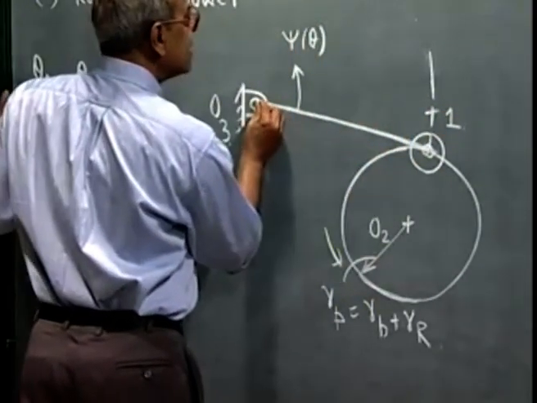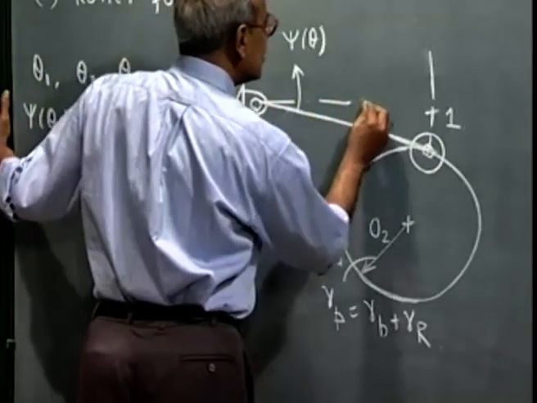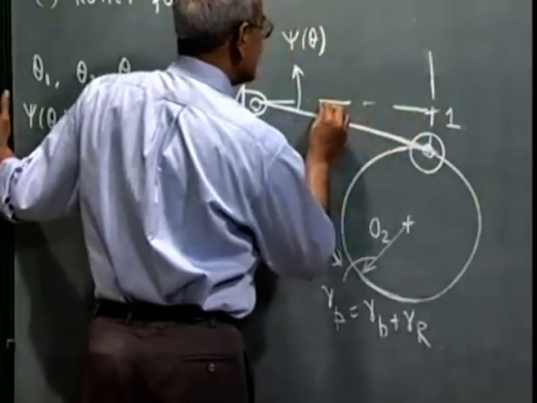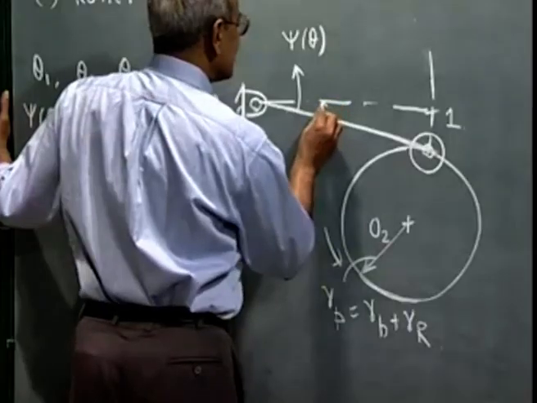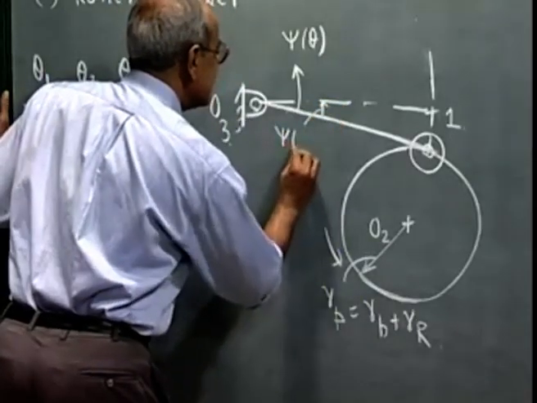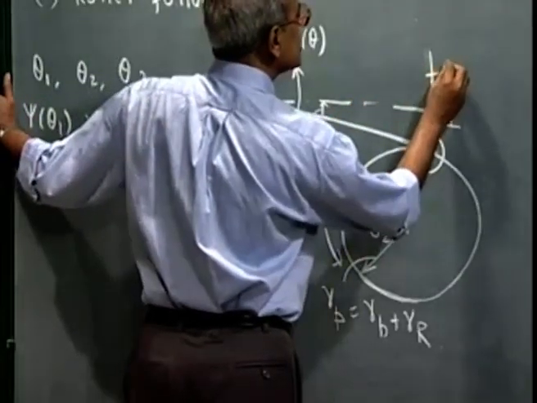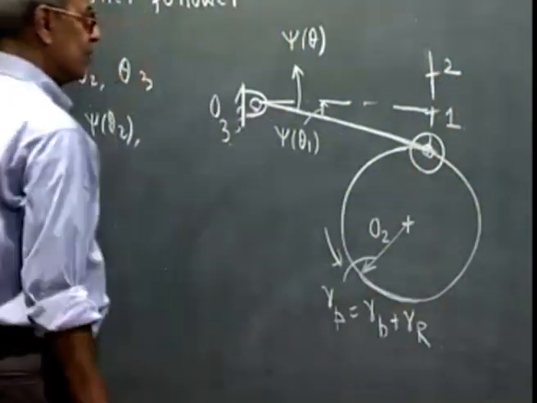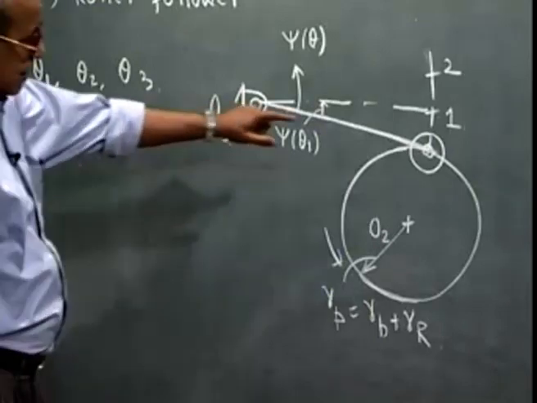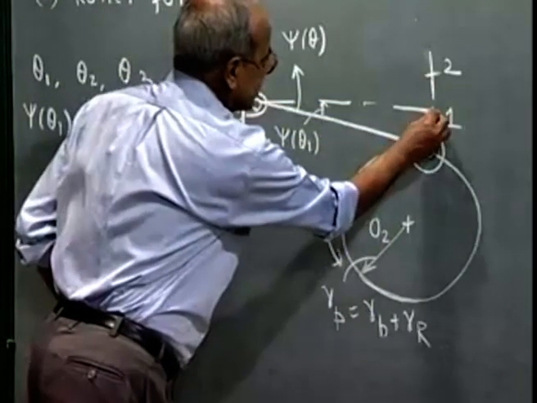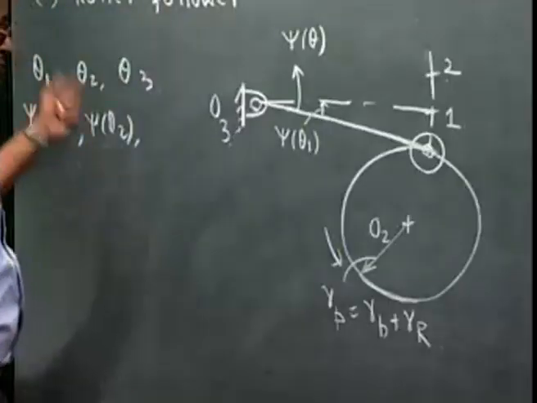That means this rotation of the follower is psi theta 1. Similarly, I can get all the trace points corresponding to station point 1, station point 2, and so on.